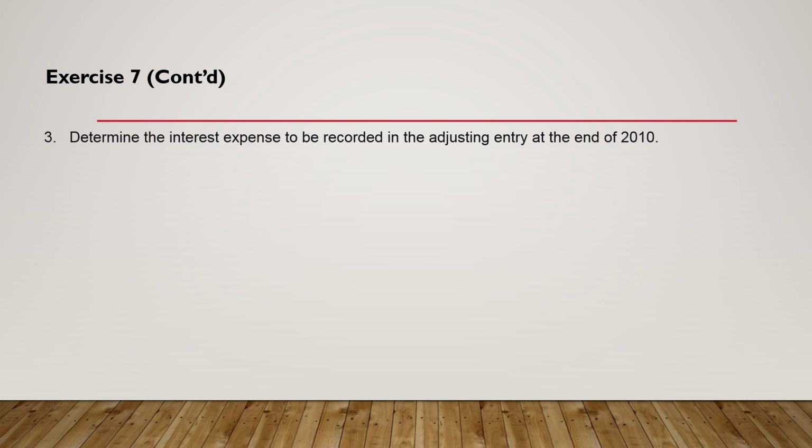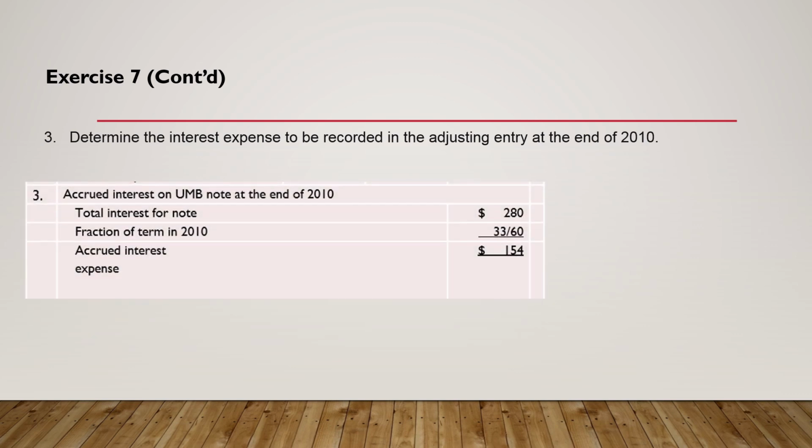Accordingly, to calculate the interest expense, I multiply the total interest for the note that we calculated in the previous slide, which is $280, times the fraction of the term in 2010, which is 33 days over 60 days of the term of the note, which gives us accrued interest expense of $154.